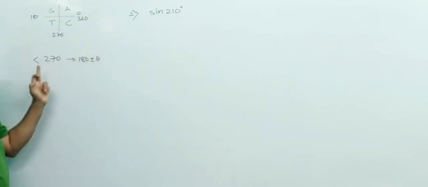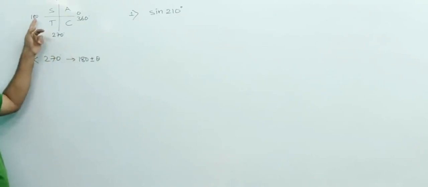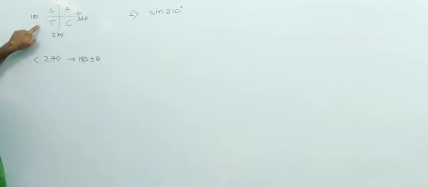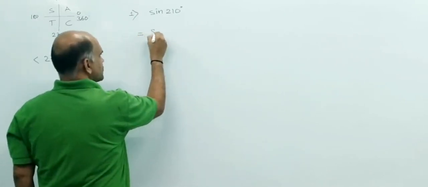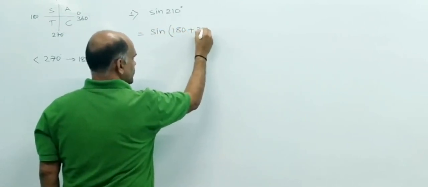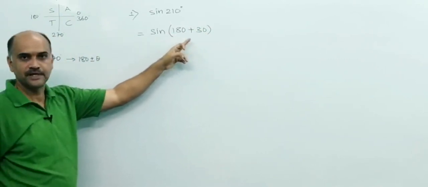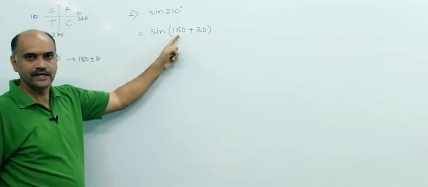Now again this angle is less than 270, means it is near to 180. So 210 is greater than 180. So I can write 210 as sine 180 plus 30. Again from our method, you leave this 180.